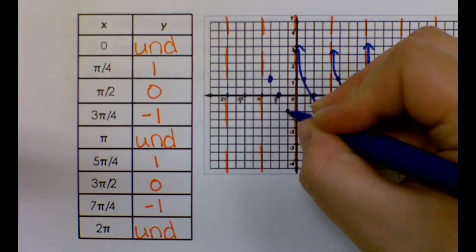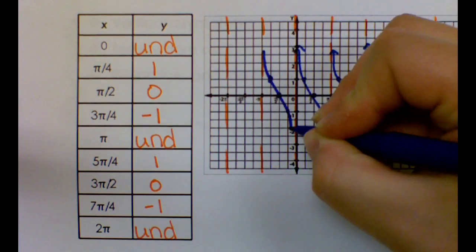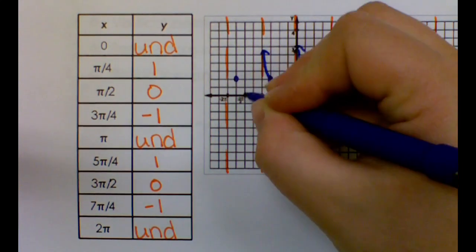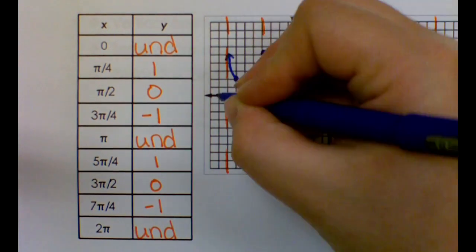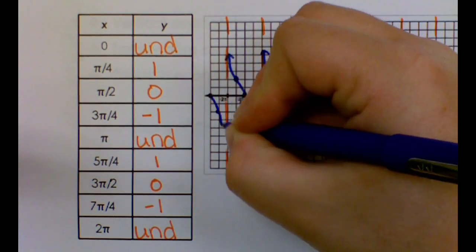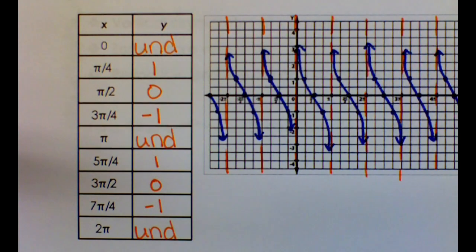And we'll get our cotangent graph. So there's the graph of cotangent for you.